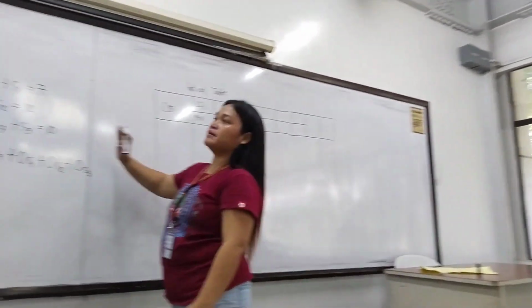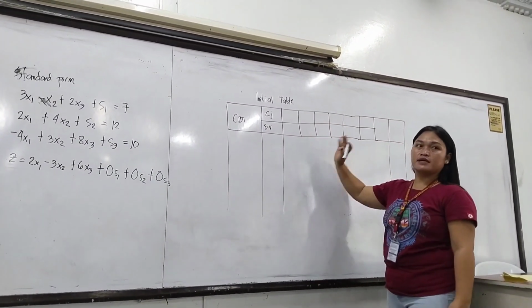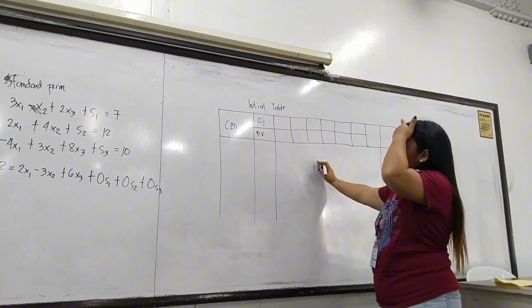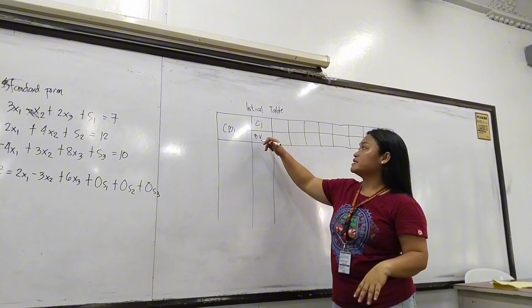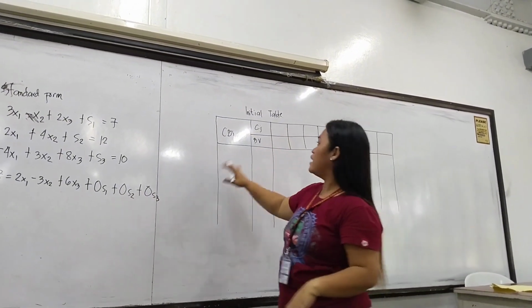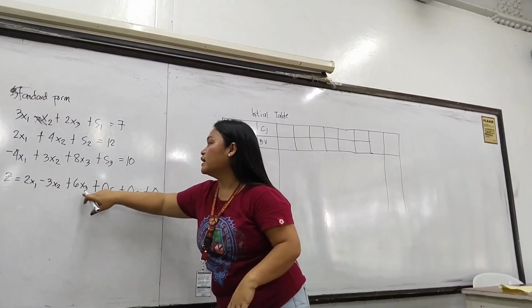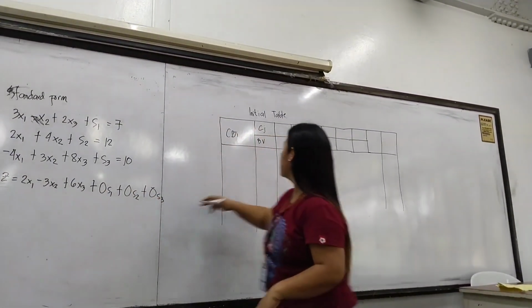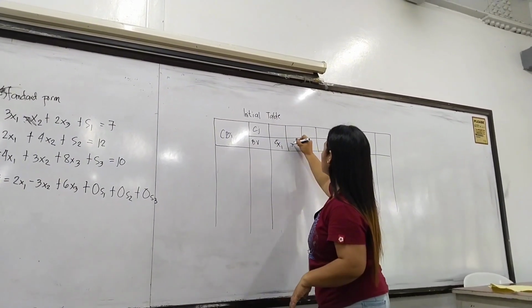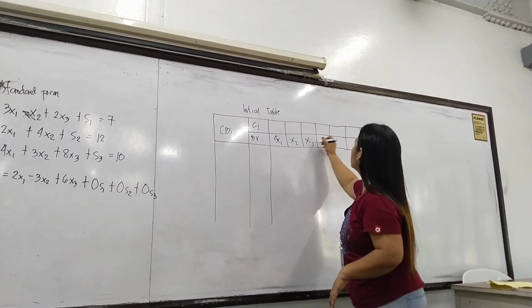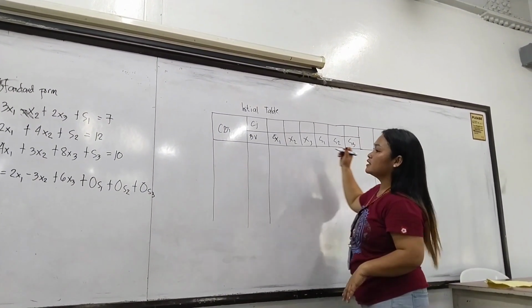We have the example cost here, so we need to write a simplex table here. So first thing we do is we need to put the basic variable here. So our variables are x1, x2, x3, s1, s2, and s3.